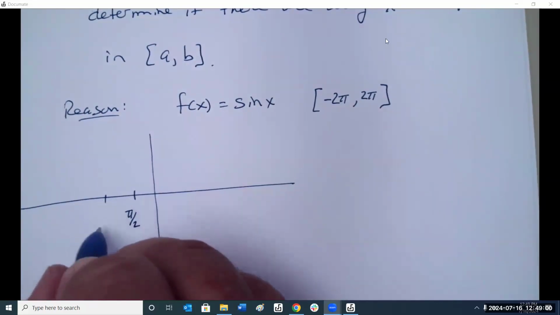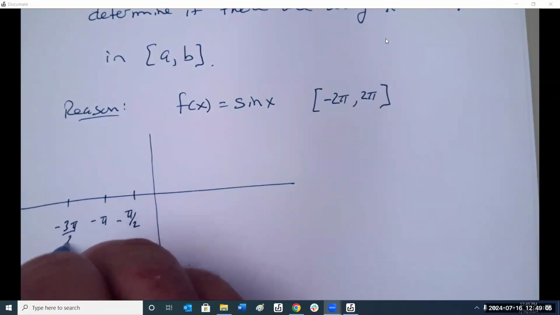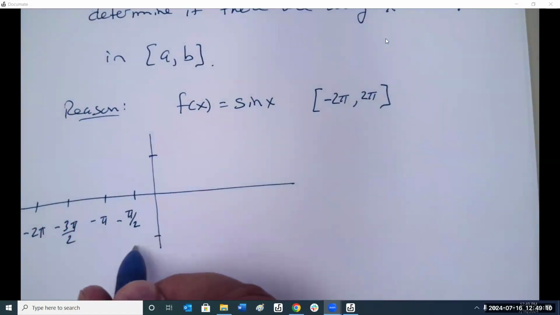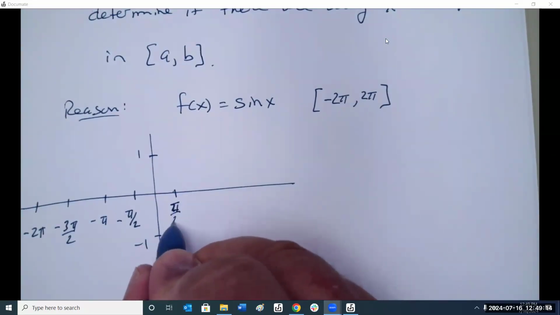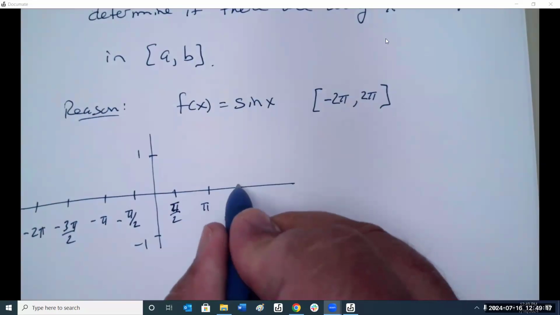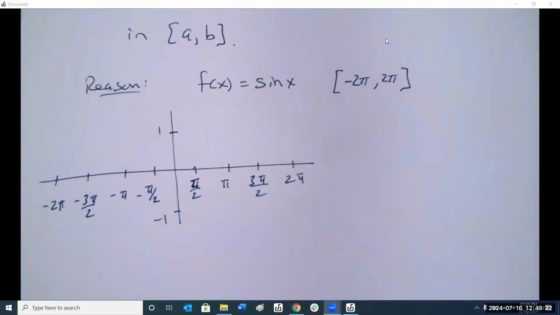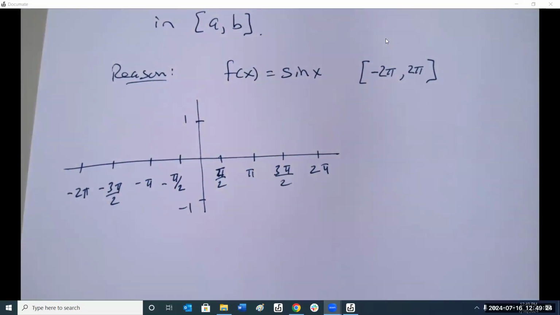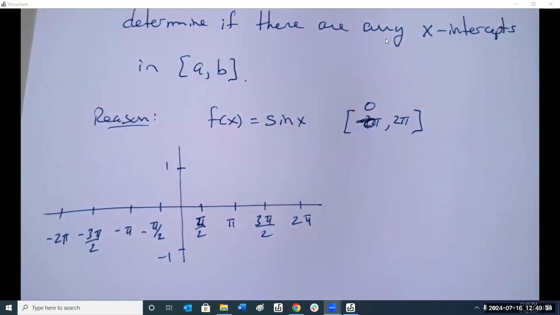Actually, let's go from 0 to 2 pi, so that I don't do extra work.